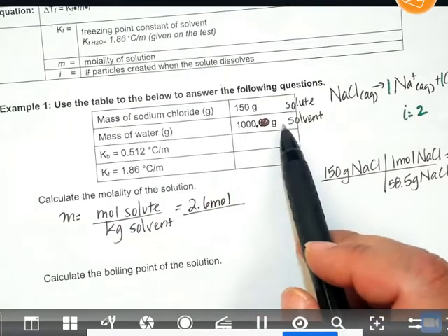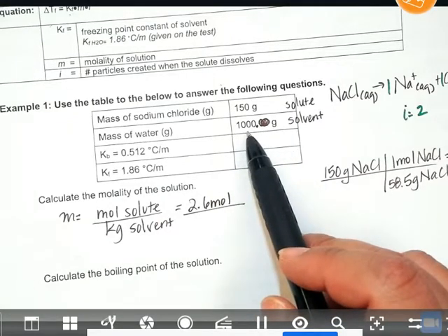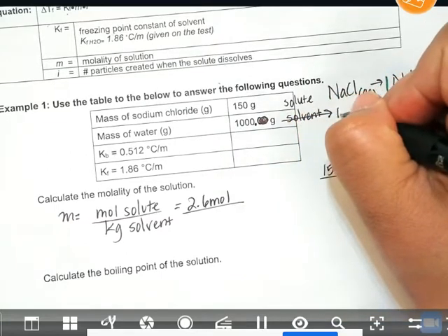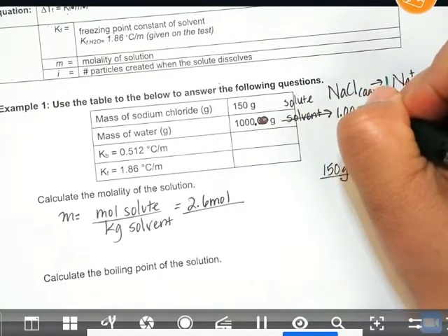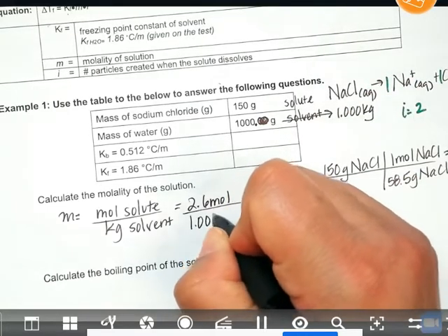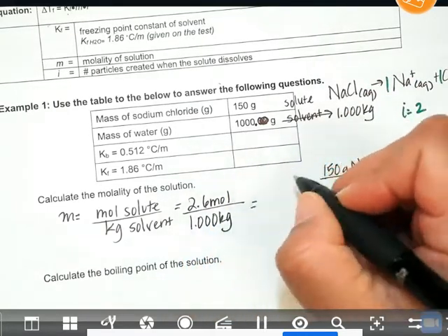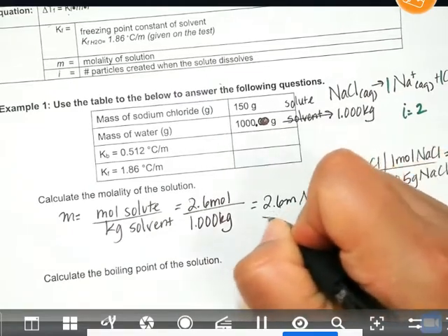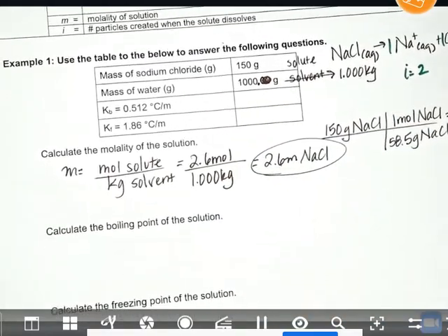There's 1,000 grams in 1 kilogram, so that's exactly 1.000 kilograms. So this is going to be 2.6 molal of NaCl. So I found my molality.